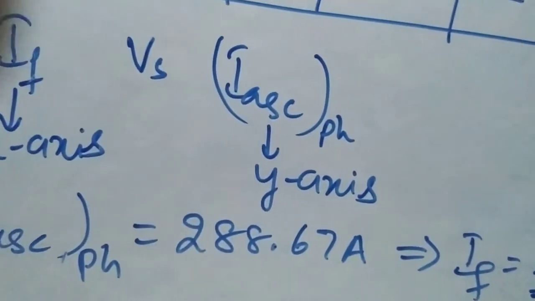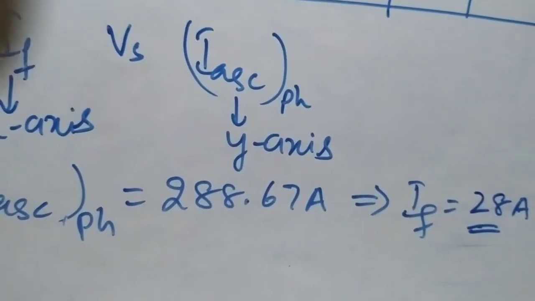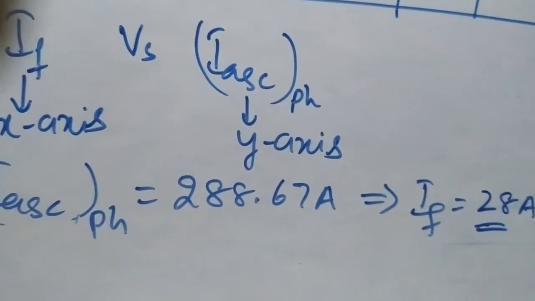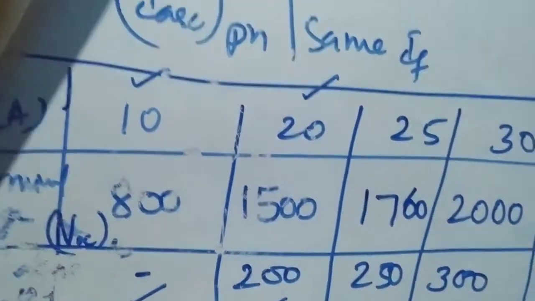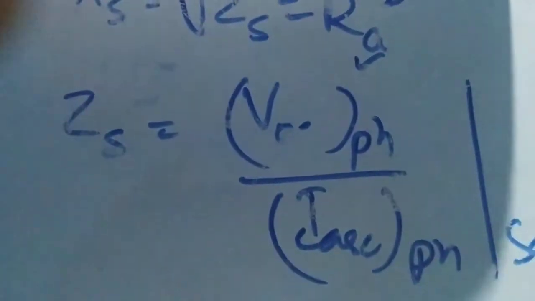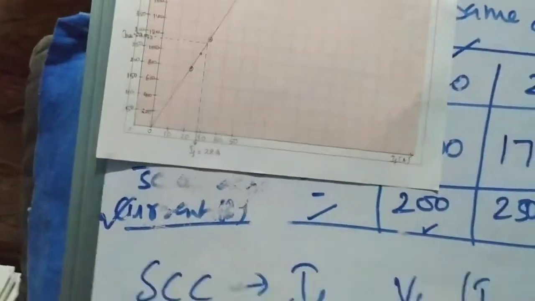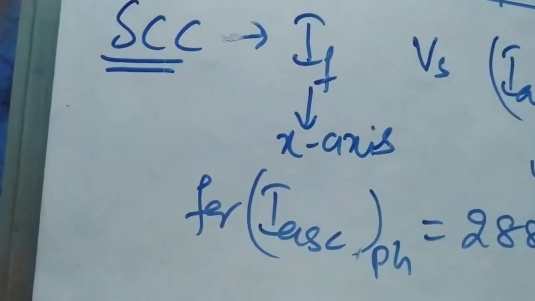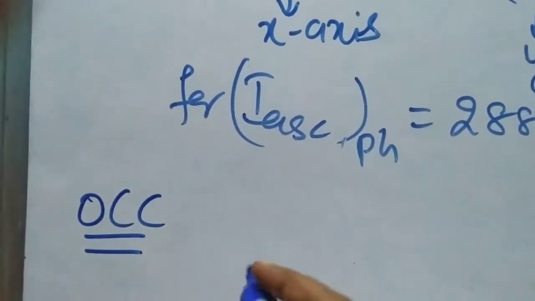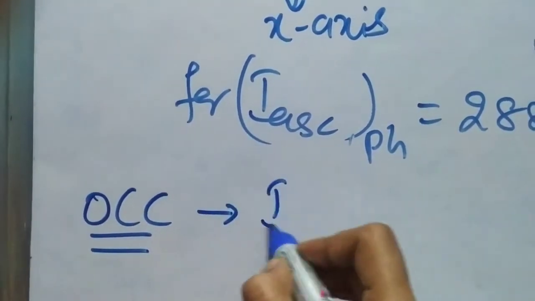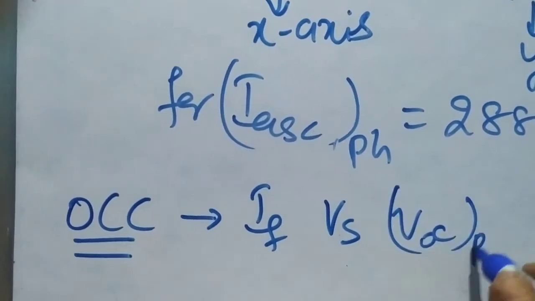Okay, now this value will be helpful to substitute that IAC phase in the formula for ZS, right? So now we have to get the VOC phase. Now from the OCC curve, that is open circuit characteristics, this is nothing but a graph between the IF versus VOC phase.